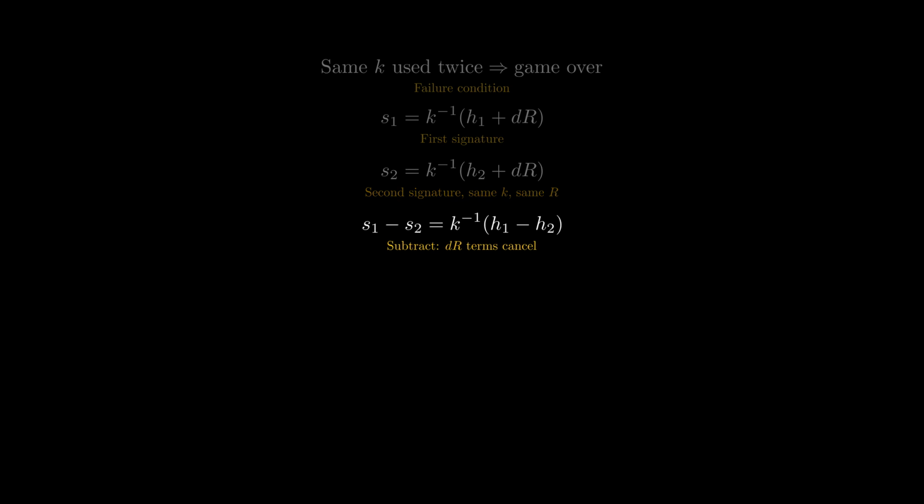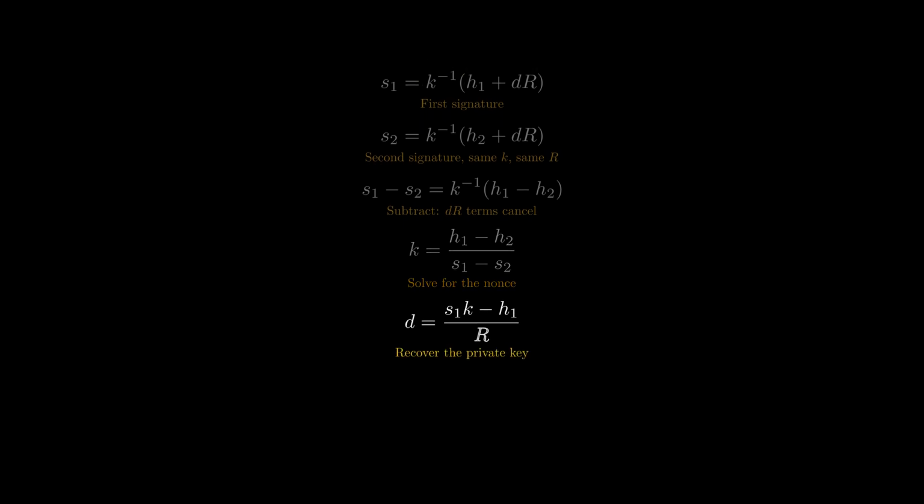The D times R terms cancel, leaving S1 minus S2 equals K inverse times H1 minus H2. Now solve for K: K equals H1 minus H2, all divided by S1 minus S2. Once you know K, plug it back into the original signing equation, and the private key D falls right out. D equals S1 times K minus H1, all divided by R. Two signatures, four lines of algebra.